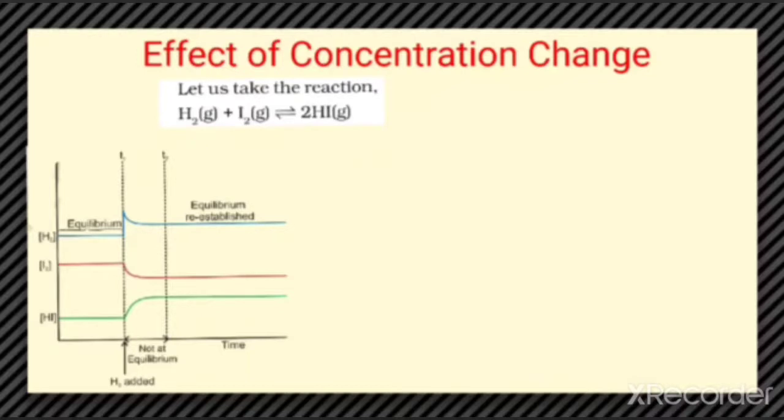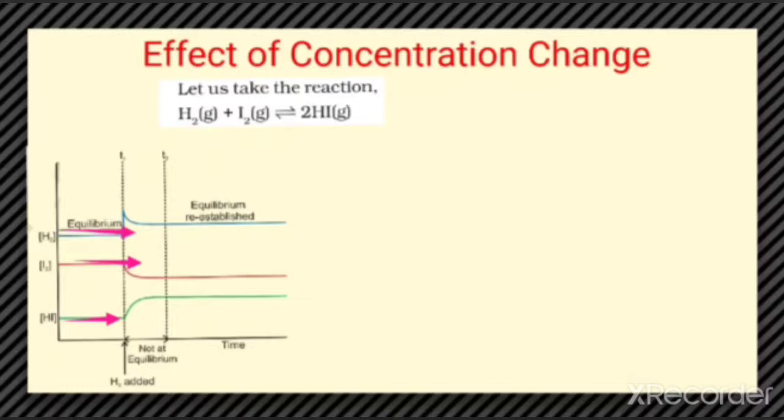We know that at the equilibrium stage, the concentrations of reactants and products do not change. So when we plot concentration against time, the plot is a straight line parallel to the x-axis: the concentration of HI is parallel, the concentration of I2 is parallel to the x-axis, and the concentration of H2 is parallel.